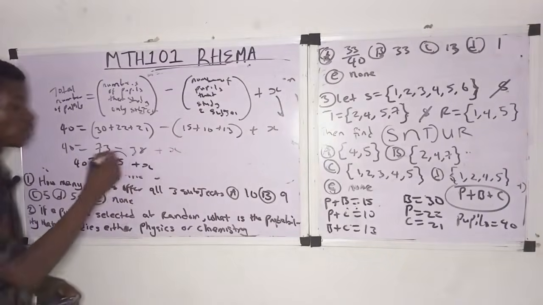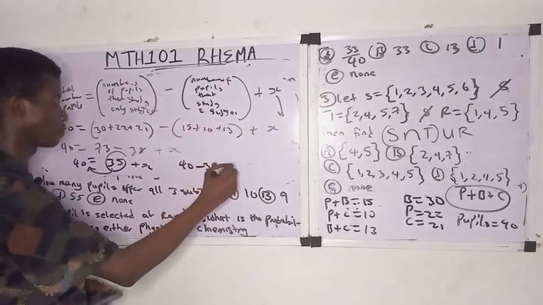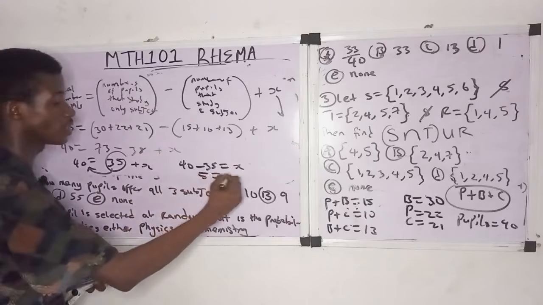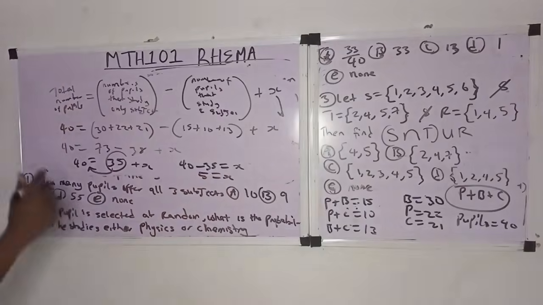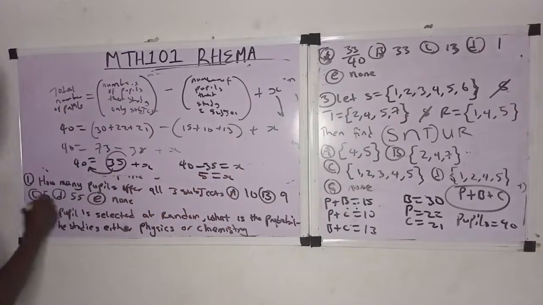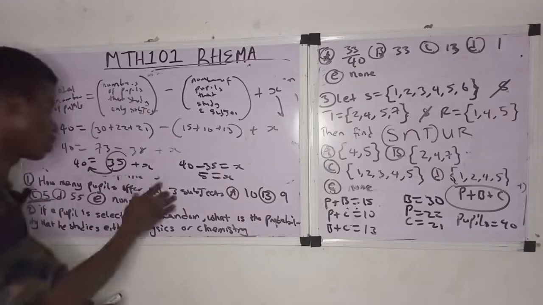You are looking for x. The 40 moves across and turns to minus, so 35 minus 40 is x, giving us 5. Therefore, there are 5 pupils that study all three subjects.